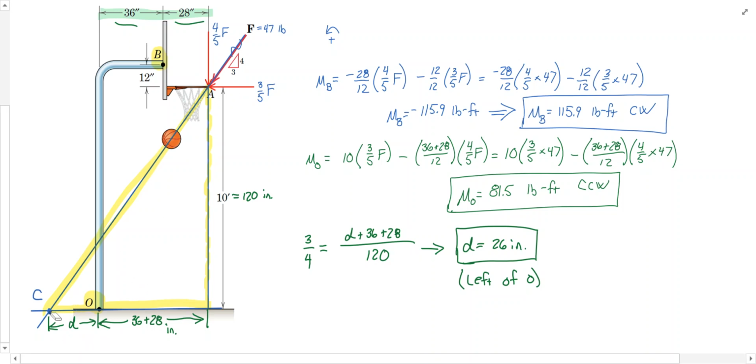And then to find this point on the ground, we simply looked at the slope of the force and extended its line of action till this intersection point, and really just used similar triangles in order to solve for that distance d. All right, that's it for this question. A good question with a lot of basic principles involved here.